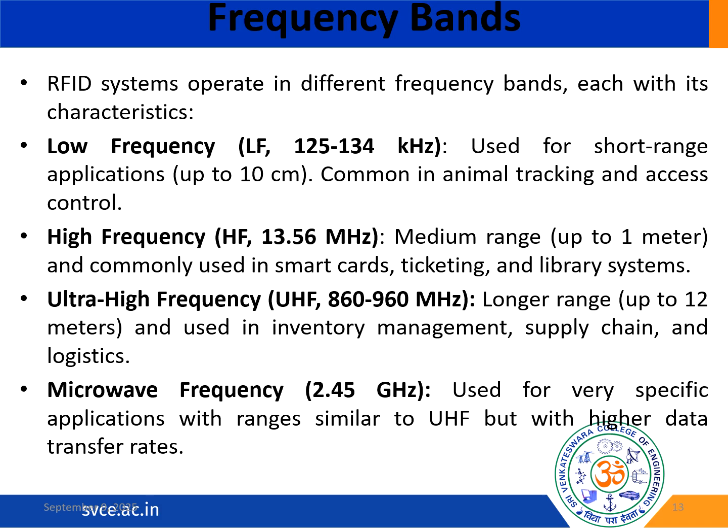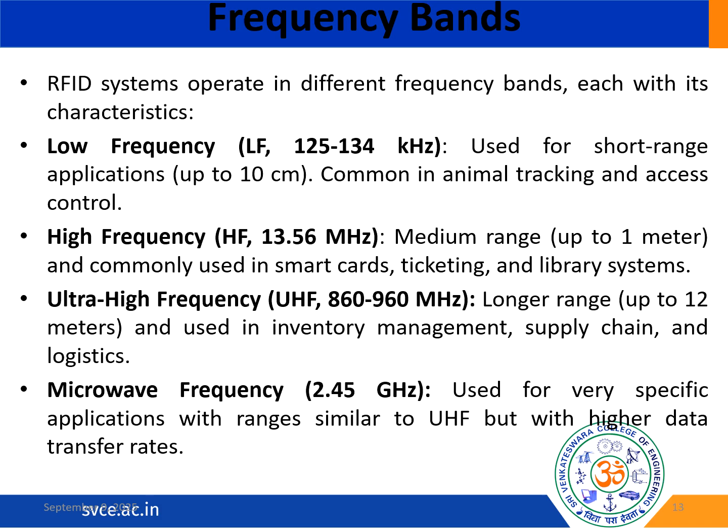It is used for short range applications up to 10 centimeters, and is commonly used in animal tracking and access control. High frequency is denoted as HF, with a frequency of 13.56 megahertz, and ranges up to 1 meter. It is commonly used in smart cards, ticketing and library systems.